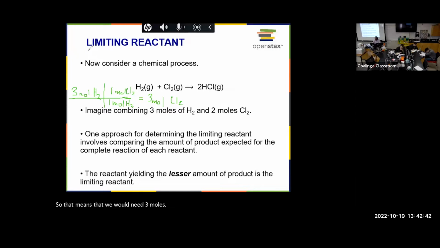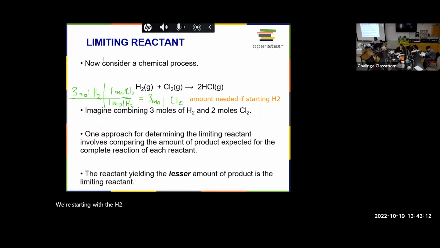So that means that we would need 3 moles of chlorine. Now, the way that I write it out, I say, so this is what we would need, right? So this is the amount we would need, starting with the H2.